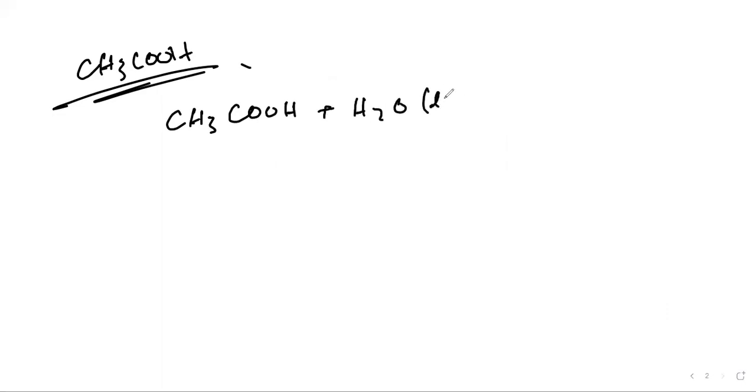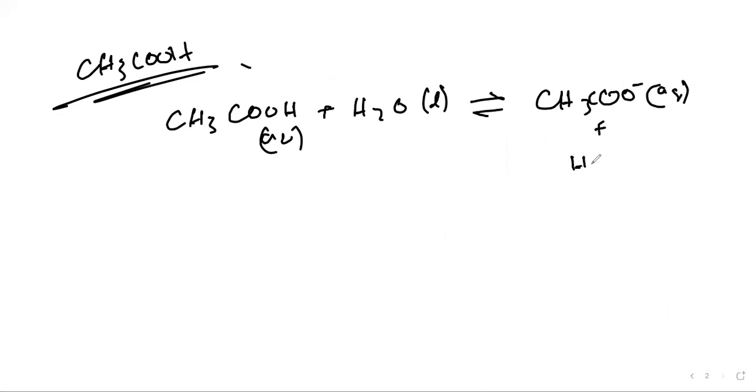When it is breaking down in water, this is trying to form CH3COO minus aqueous plus H3O plus. This is the same thing as writing simply H plus and H2O. So I'm just writing H3O plus together. So this is the hydronium ion, or we can say H plus ion.